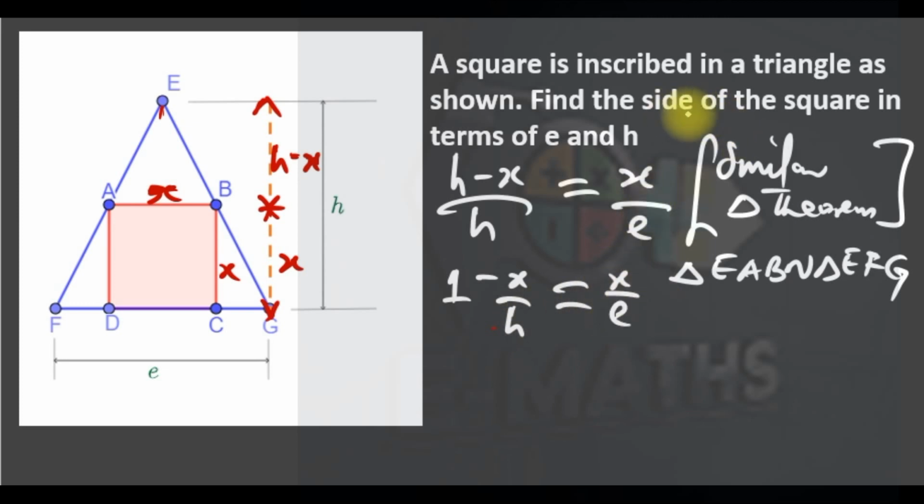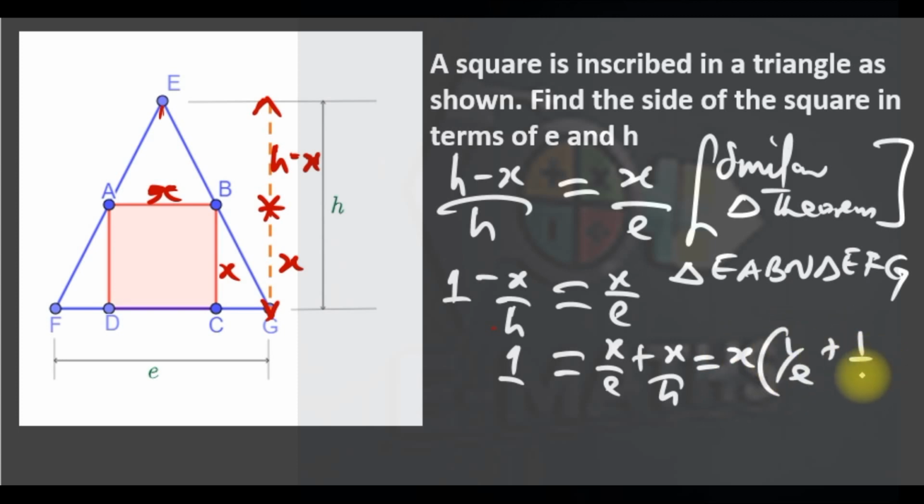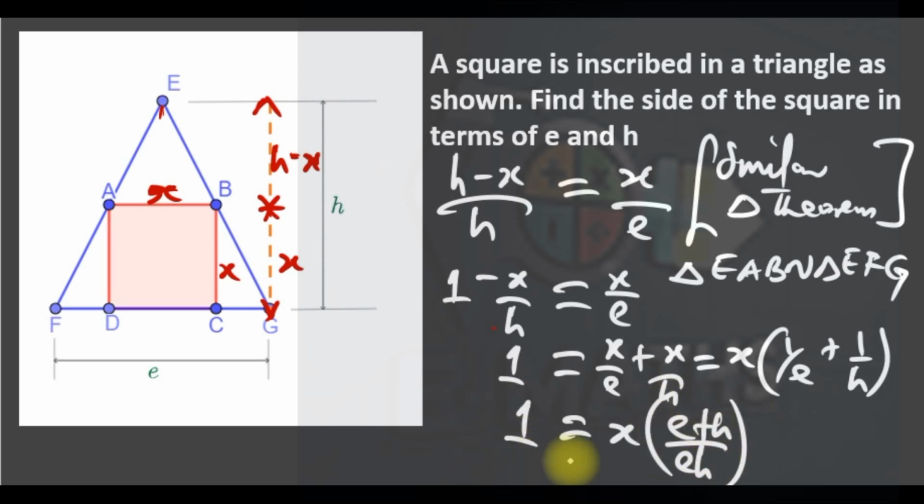So our main aim is to get the side, which is x, in terms of h and E. Okay, so we collect like terms. This goes over, so we have 1 here. So x over E plus x over h. And if we factor x, we have 1 over E plus 1 over h, which, if you simplify this, is E plus H over EH.